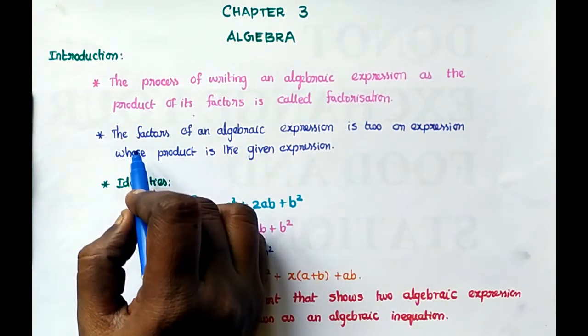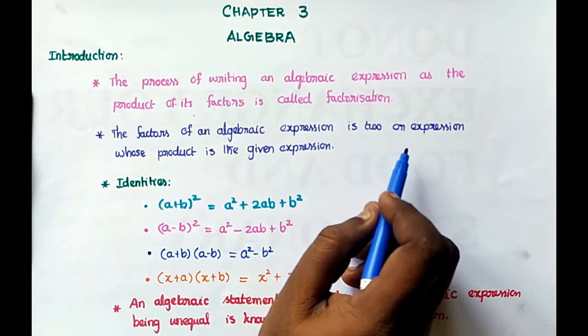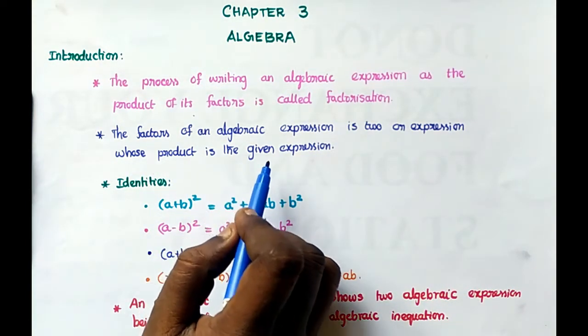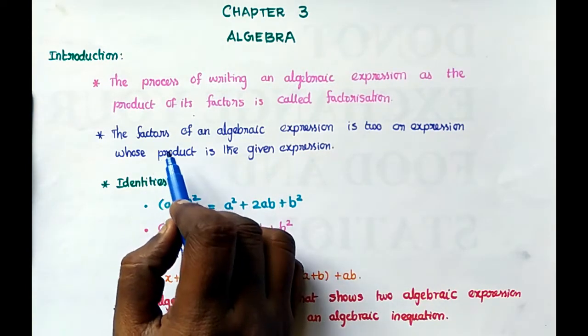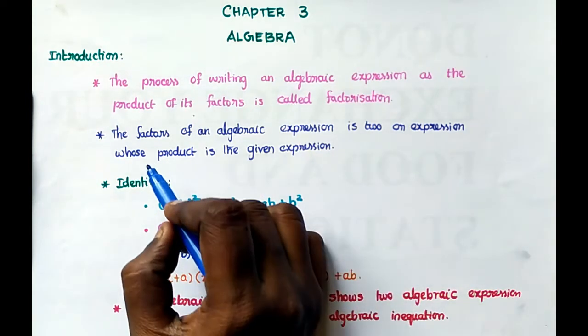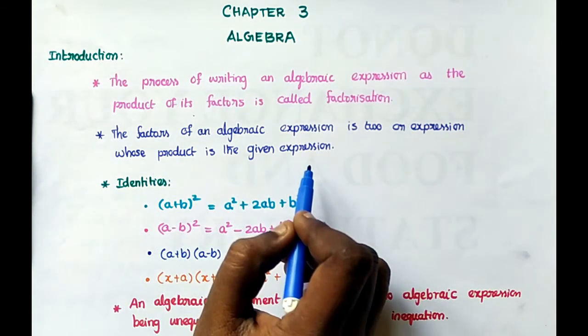Next one. The factors of an algebraic expression are two or more expressions whose product is the given expression.